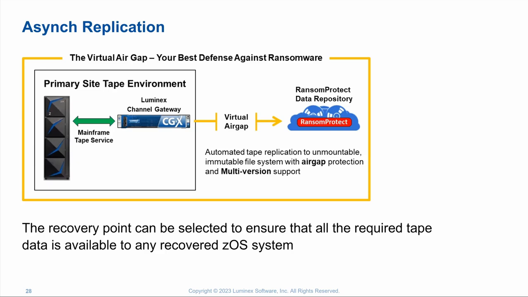So that's the core element around this. You can actually roll it back to an individual timestamp. So it's not unitary like a snapshot where you roll it back to a 24-hour period. You want to make sure that that repository has the data in it. You can put the timestamp in that makes sure that the ransom protect data repository is fully populated for any disk service.